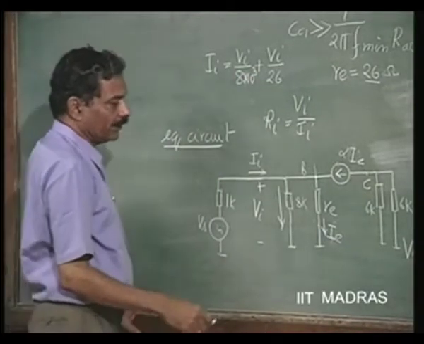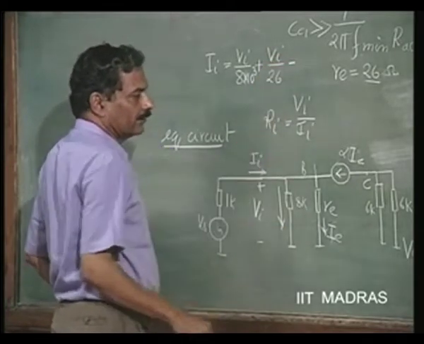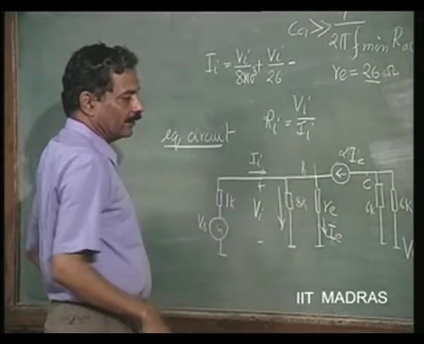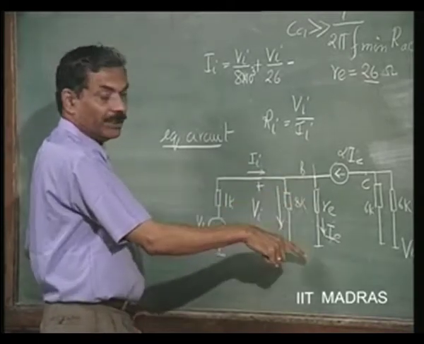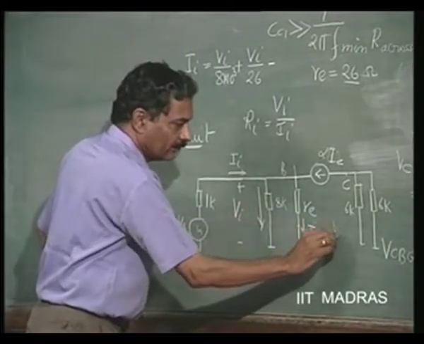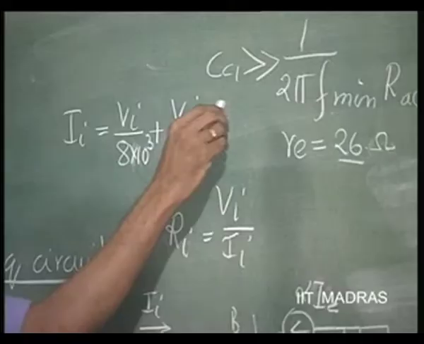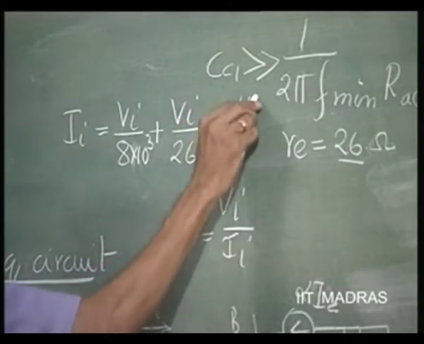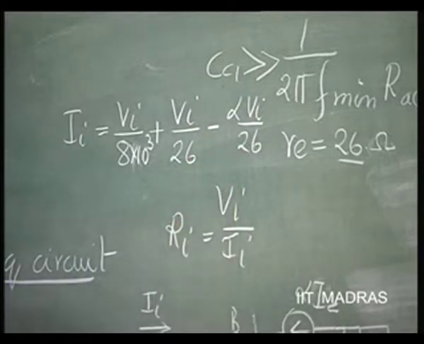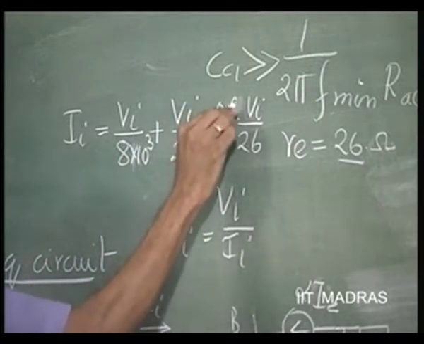Vi by 26, minus alpha times Ie. What is Ie? Ie is equal to Vi divided by Re. So, same thing, alpha times Vi by 26. Alpha is already given as 0.99.